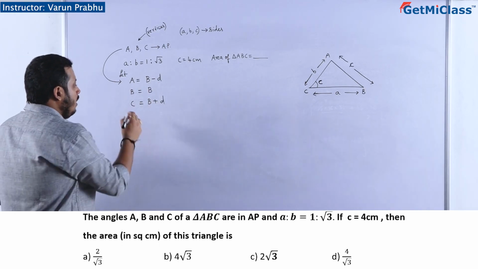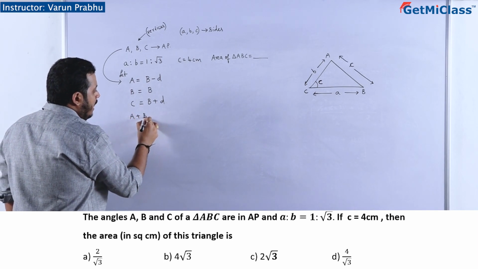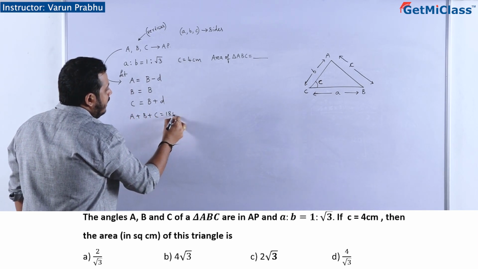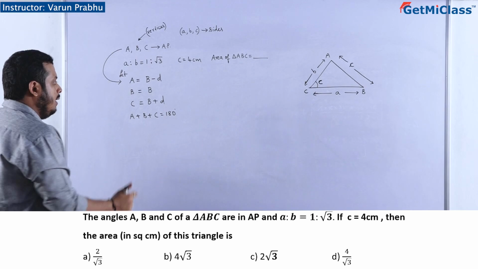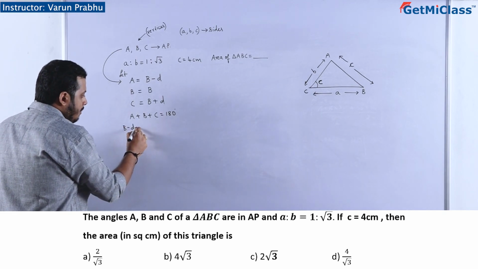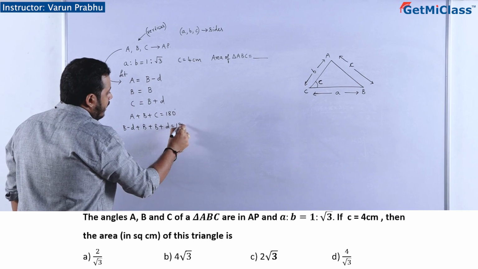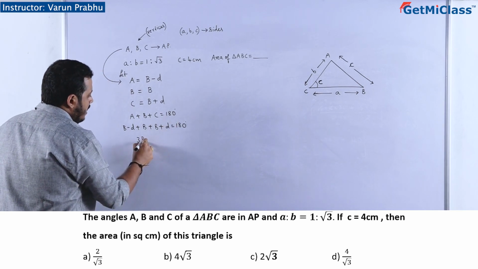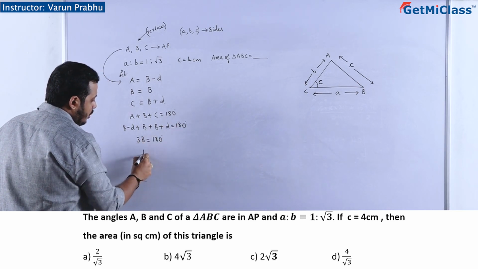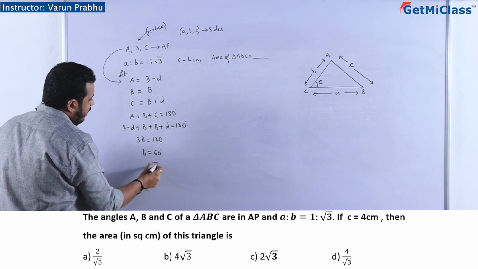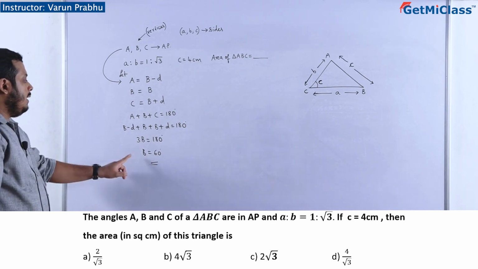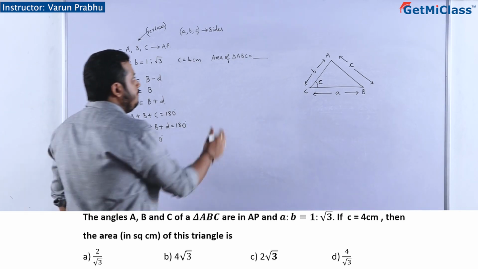We know that the sum of three angles of a triangle is 180 degrees, that is the angle sum property. So B minus D plus B plus B plus D should be equal to 180 degrees. Minus D plus D cancels. 3B is equal to 180 degrees. So your angle B should be equal to 60 degrees.